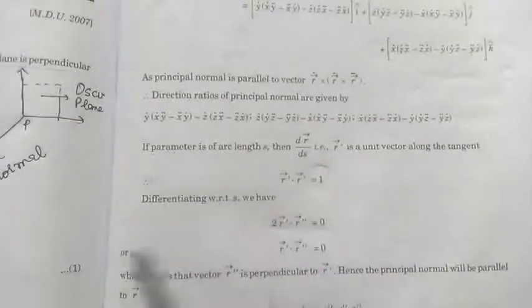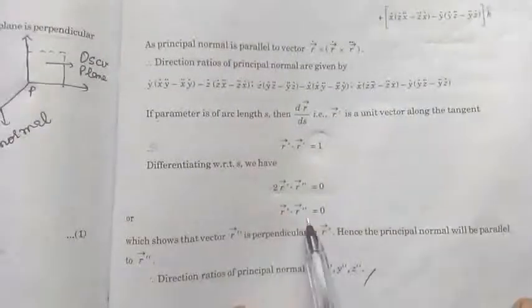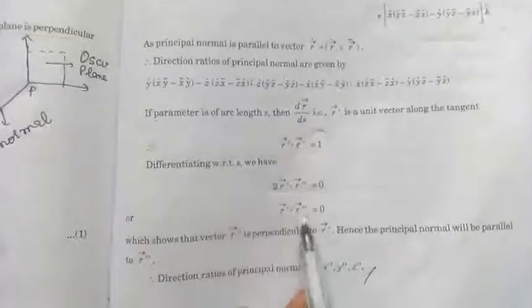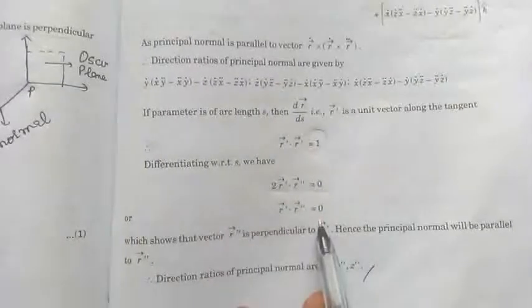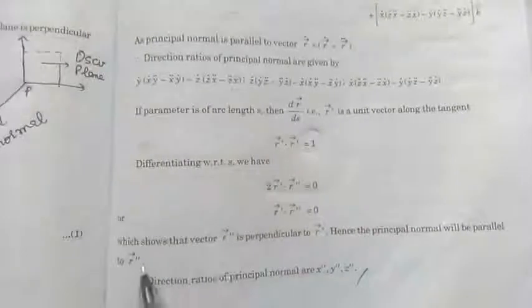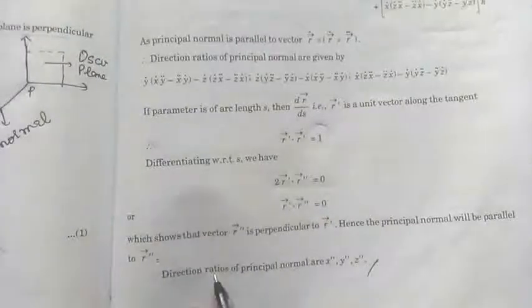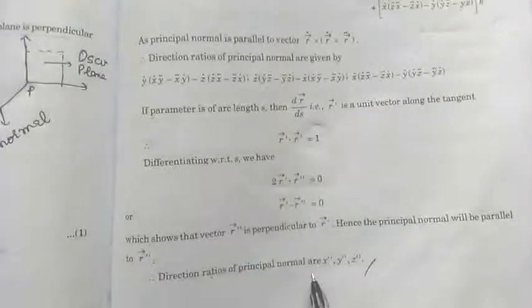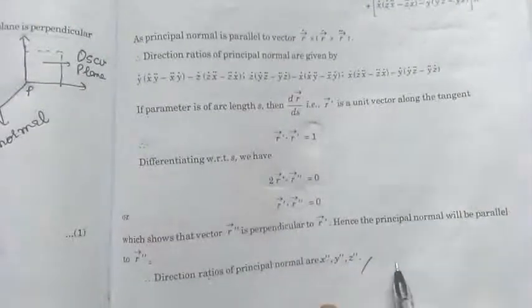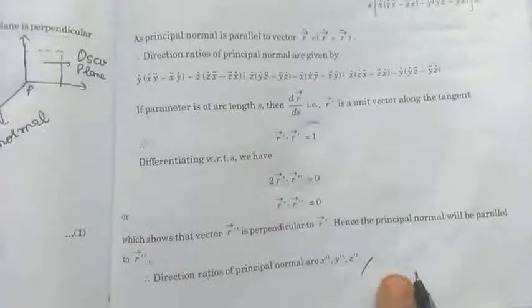Dividing throughout by 2, we get r dash dot r double dash equal to 0. It shows that these two vectors are perpendicular. So we can say that the principal normal will be parallel to r double dash. So the direction ratios of the principal normal are given by the components of this vector, which are x double dash, y double dash and z double dash.